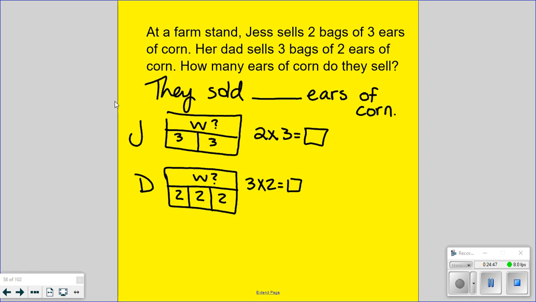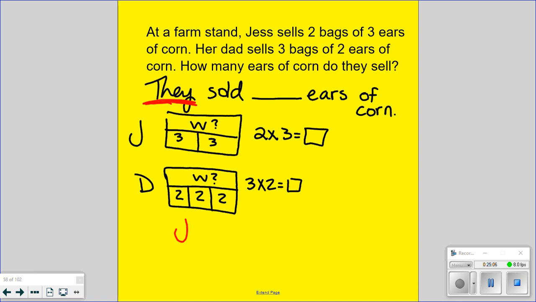I need one equation that solves the whole thing. Remember, it says they. So I need to figure out what Jess sold and Dad sold. So far, so good?